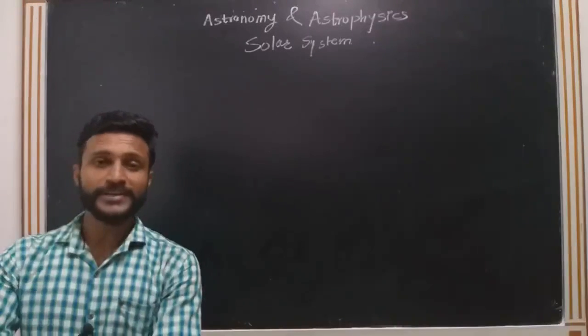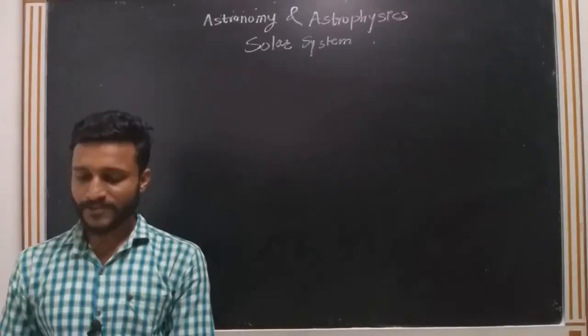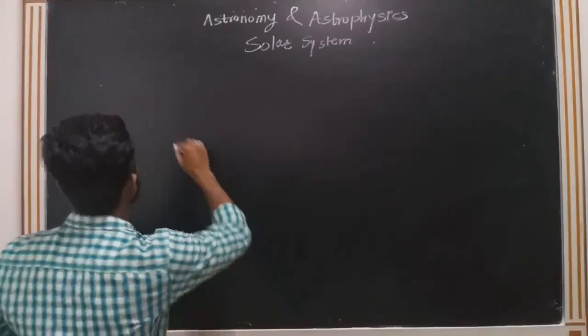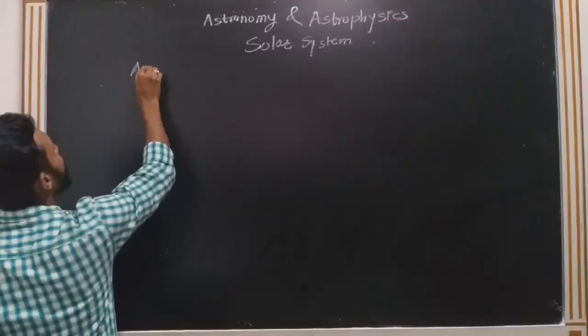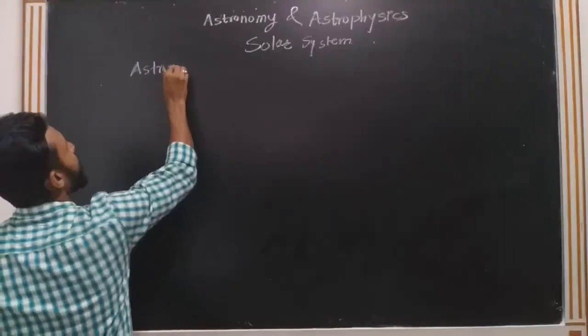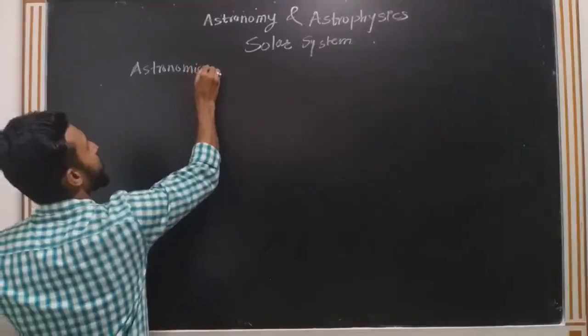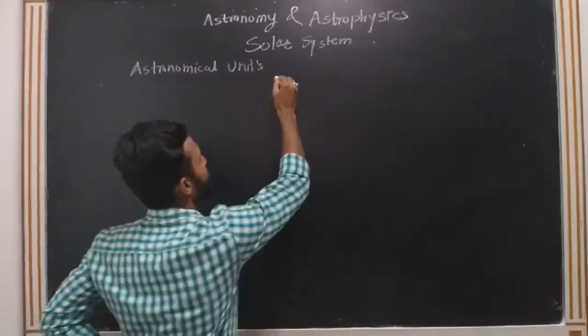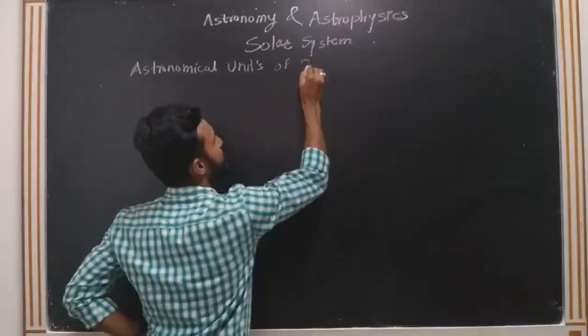Then the next point, very important for the solar system, is the astronomical unit, the astronomical units of distance.